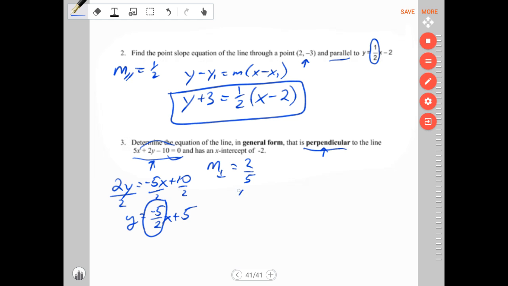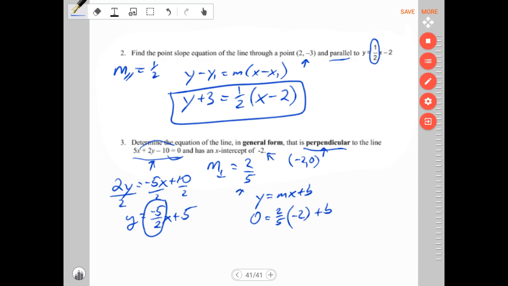Okay, so now remember, you need slope and a point. Well, that's the right slope now, but it has to go through this. Remember, an x-intercept means the y is 0, so that is that coordinate. Now we can do this like y equals mx plus b. Okay, the y is 0, the m is 2/5, the x is negative 2, plus b.